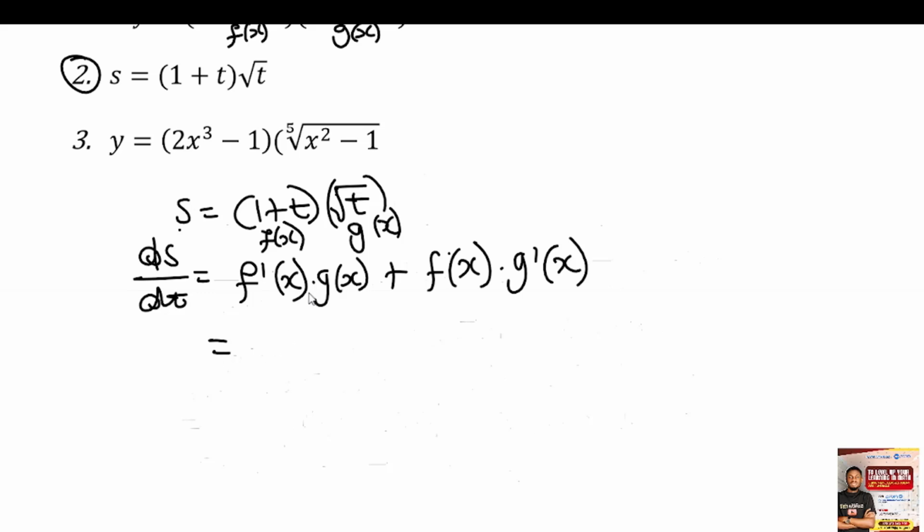So with the first expression or the first function, we have 1 plus t times the second one too.